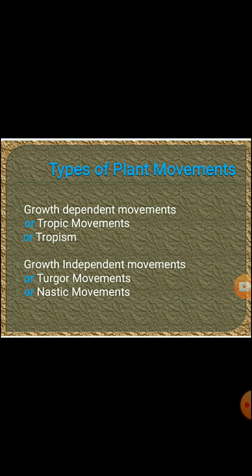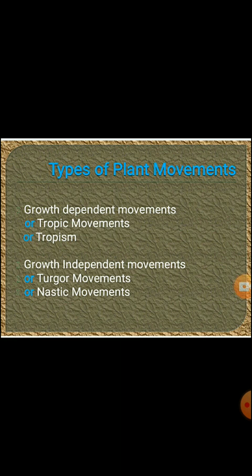So we can say that there are mainly two types of plant movement. First, growth dependent movement, which is also known as tropic movements or tropism, and the second is growth independent movement. It is also known as turgor movements and nastic movement.